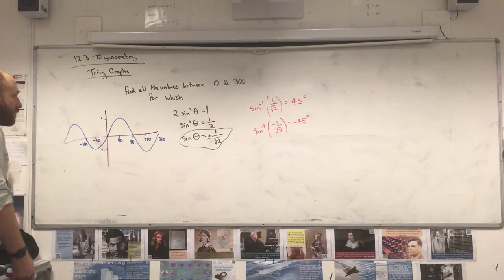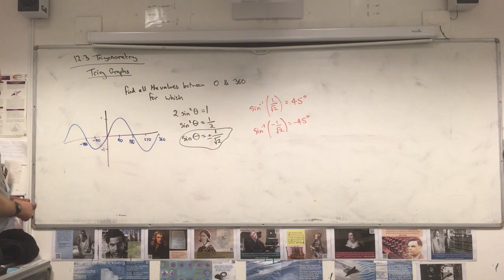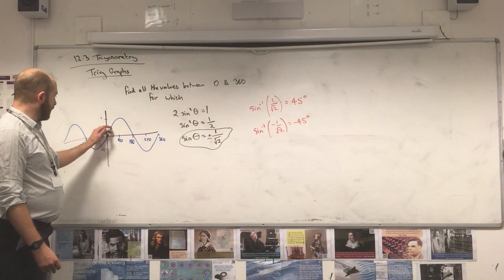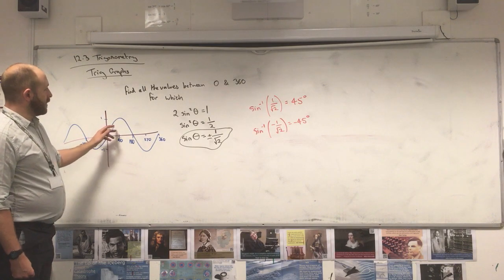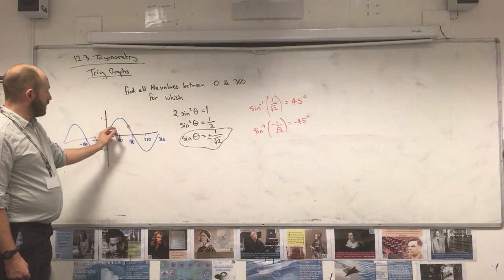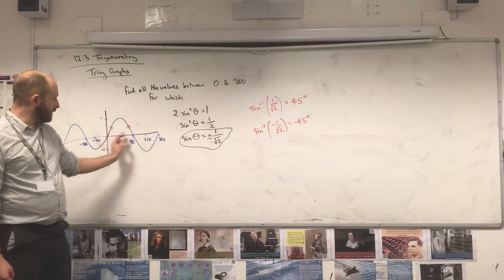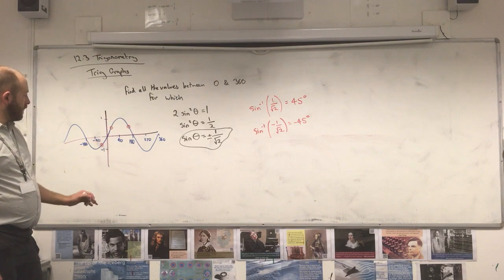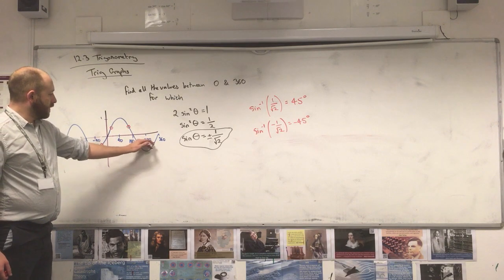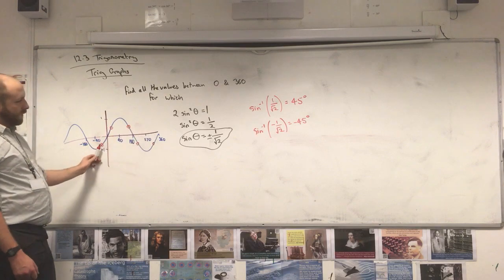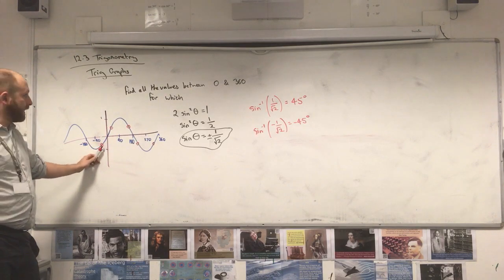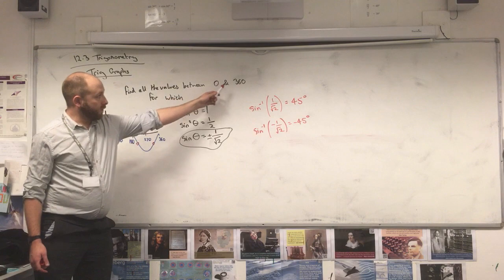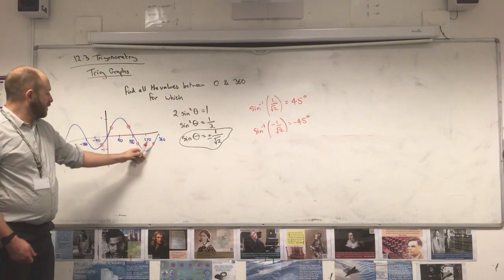Cool. So the first angle we need to find is 45 degrees, so that's going to be here. I can tell there's going to be another value there, which we need because these are both between 0 and 360. And minus 45 is here. So there are 2 again that are between 0 and 360. Although we started with this one, it's not going to be one of our final answers because we need it between 0 and 360, but these two are.